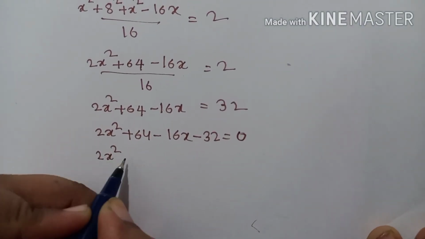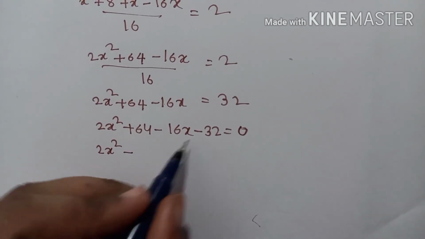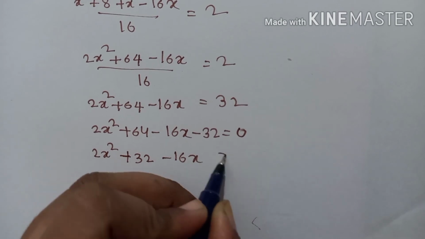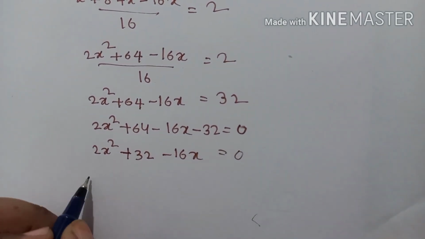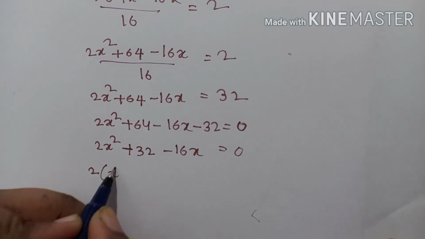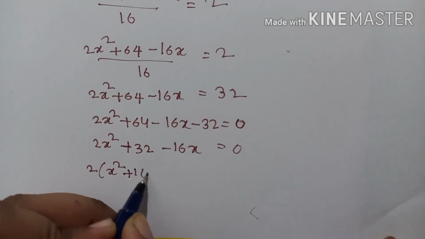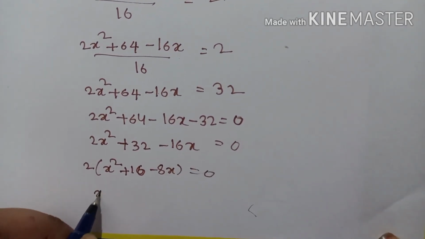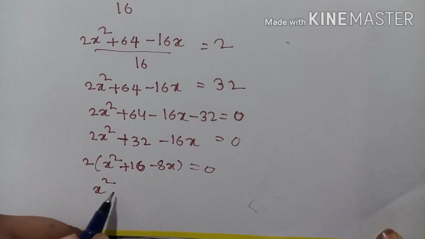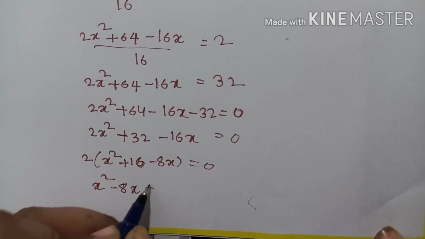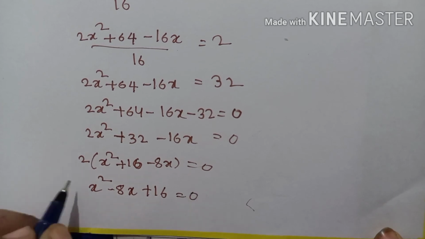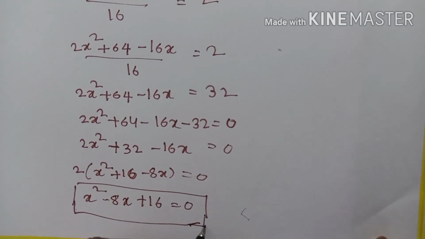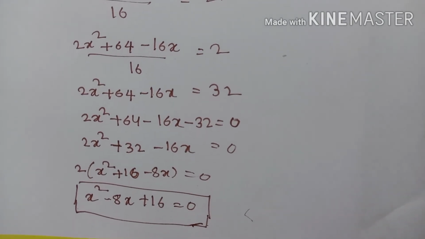So 2x squared, 64 minus 32 gives us plus 32, minus 16x. Now in these 3 terms we take 2 as common, that is x squared plus 16 minus 8x equals 0. So we have got a quadratic equation, x squared minus 8x plus 16 equals 0. Now to find the roots, use either the formula or middle splitting.